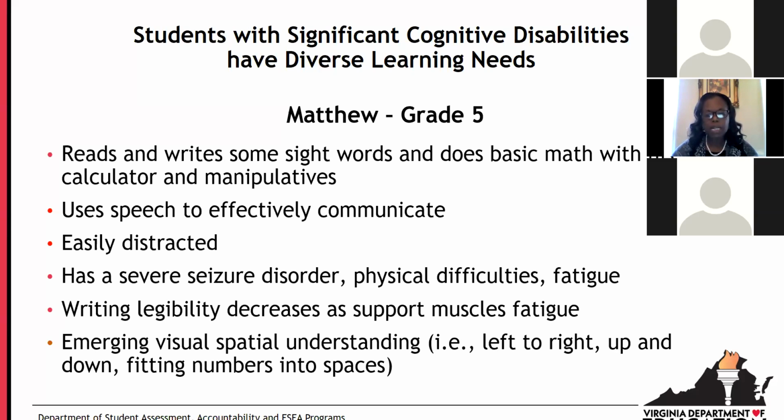In terms of writing, he's able to write legibly, but you certainly see the legibility decrease as the muscles that he uses for writing begin to get weary and fatigued. And Matthew does have some emerging visual spatial understandings in terms of left to right, up and down, and fitting numbers into spaces. So that's Matthew, a student with significant cognitive disabilities.